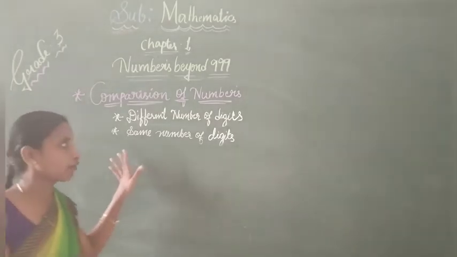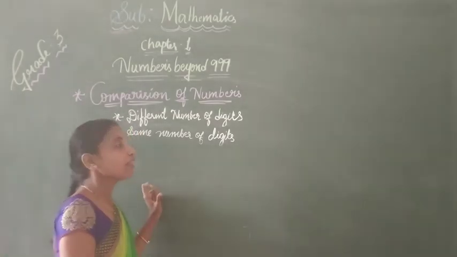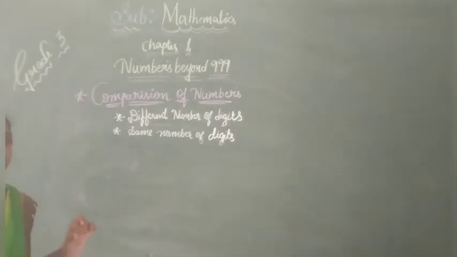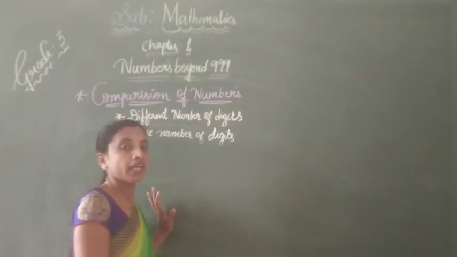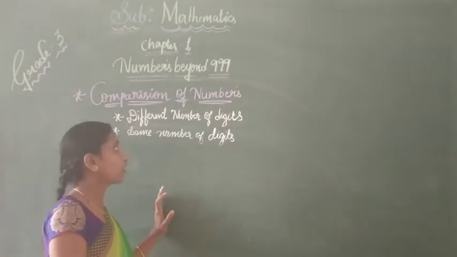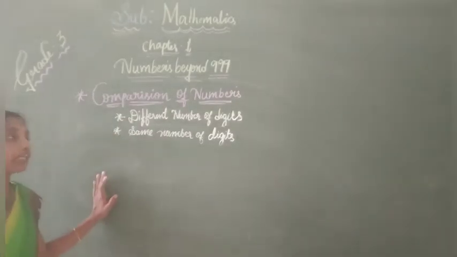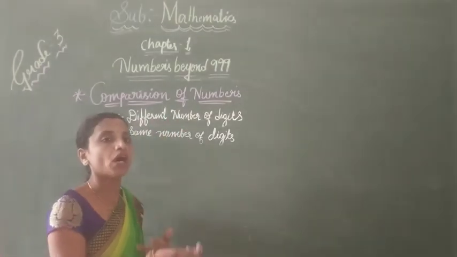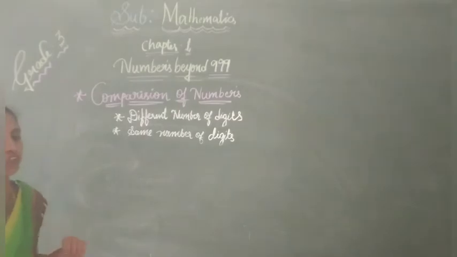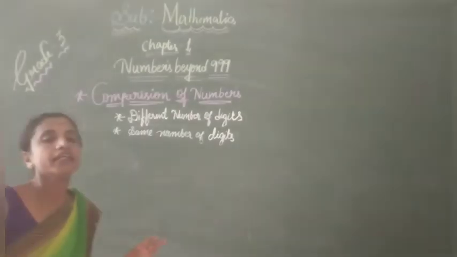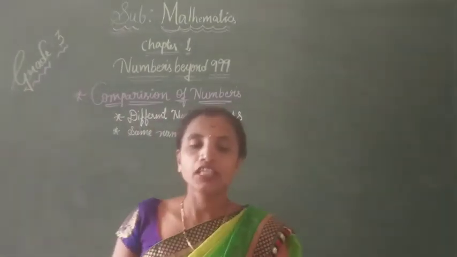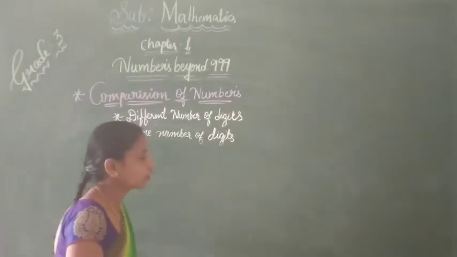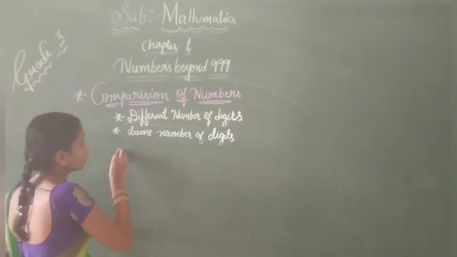The number that contains more digits, we call it the greater number, compared to the other number. We call this a different number of digits.